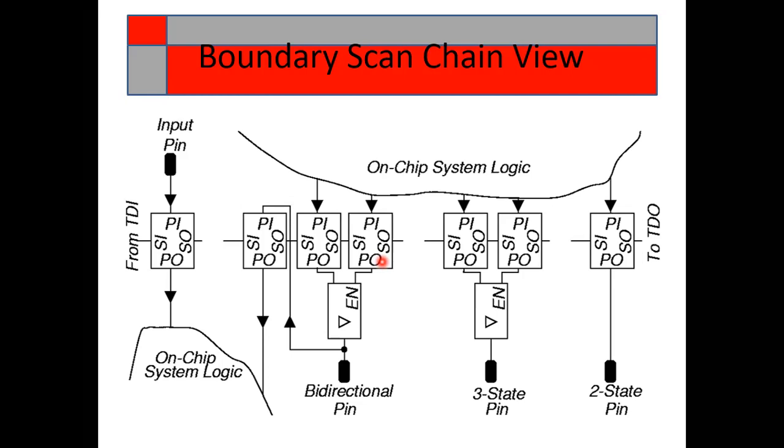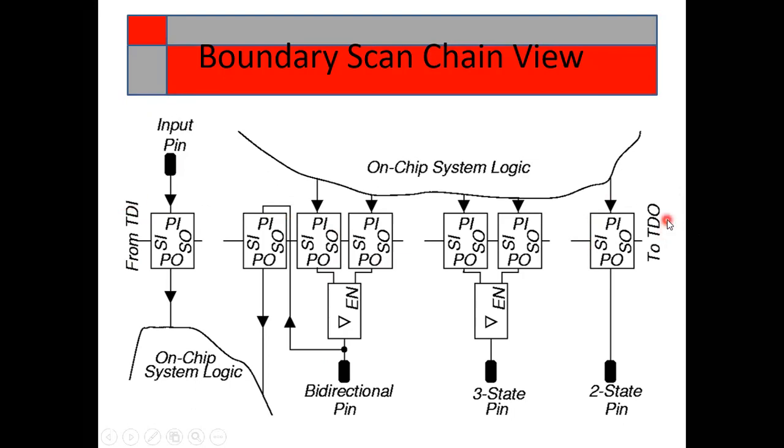A boundary scan cell has two inputs. The first one is the TDI input, and another is the output, the TDO. Similarly, it has two outputs. The first one has the input, TDI.